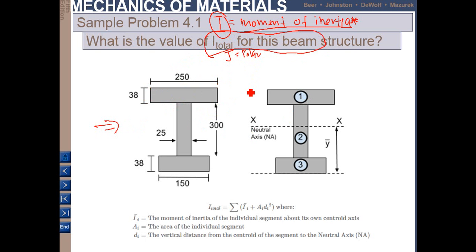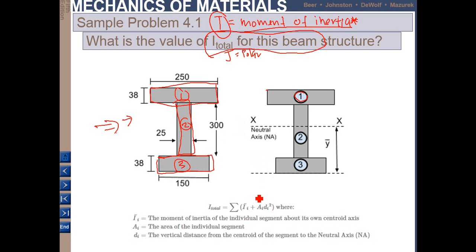So firstly, you divide this whole structure into 3 parts. This is 1, this is 2, and then 3.